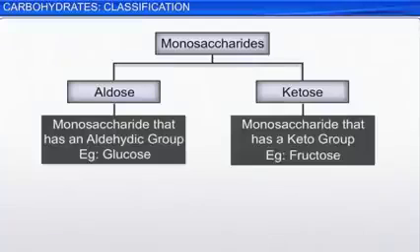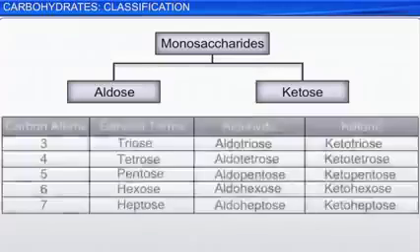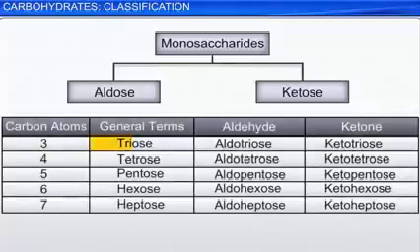Aldoses and ketoses can be further classified on the basis of the number of carbon atoms present, as shown here. The prefixes tri, tetra, etc. with the ending -ose indicate the number of carbon atoms present.